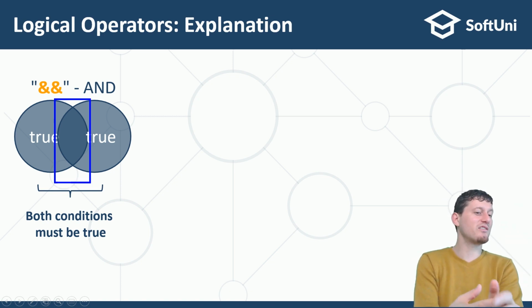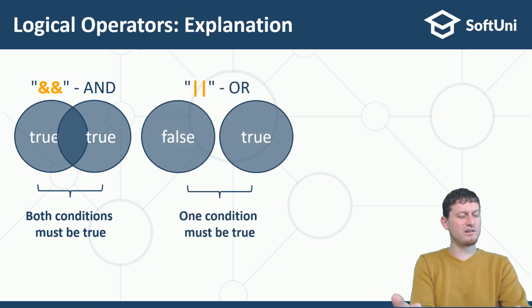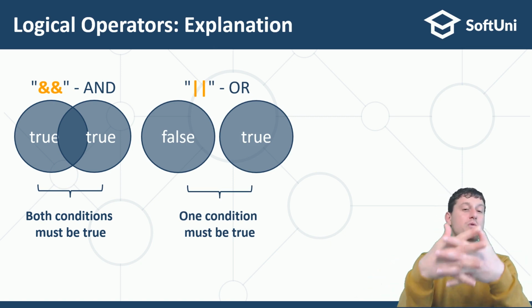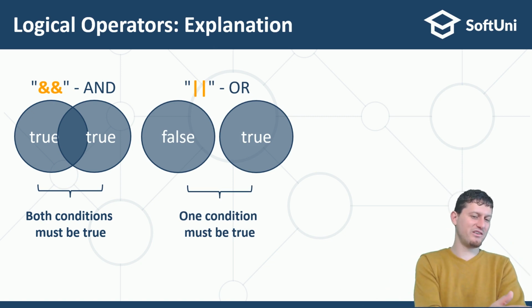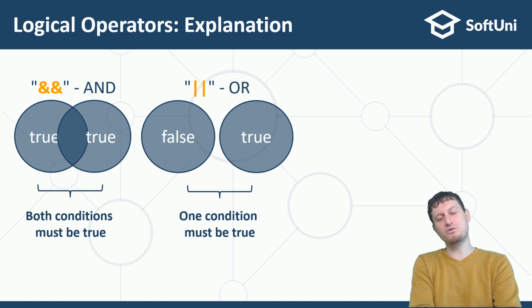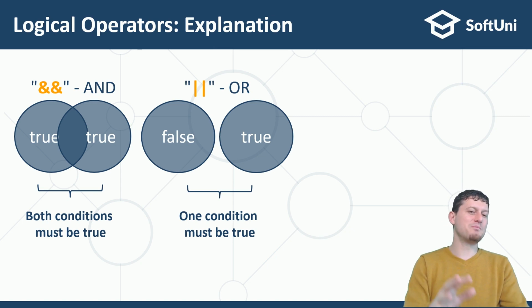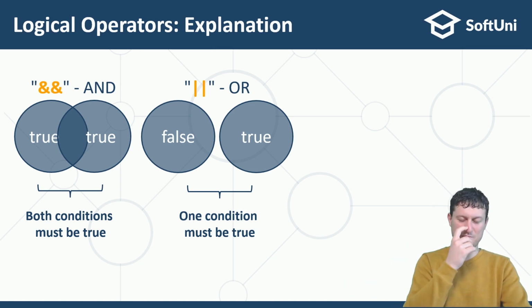Both conditions should be true at the same time. The OR logic is like this. If the first condition is false but the second is true, the OR means one of them, so it will be true. If the first is true and the second is false, the OR condition will be true. So if I'm old or come together with someone who is old, I'm allowed to enter the club.